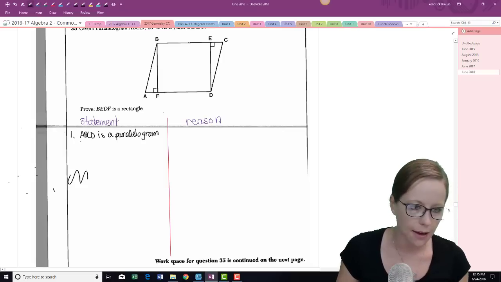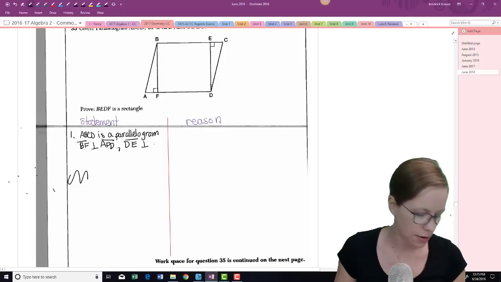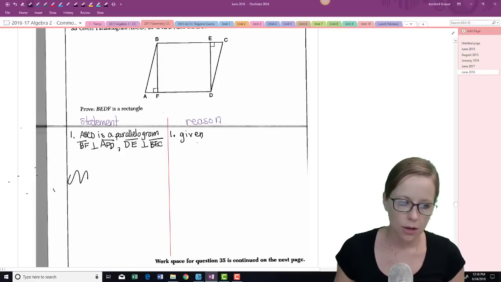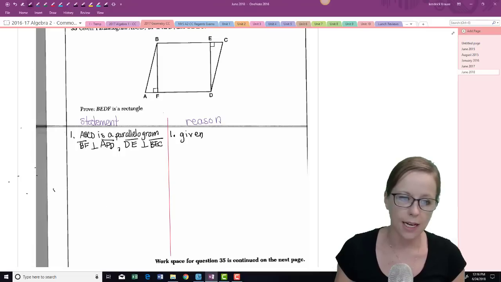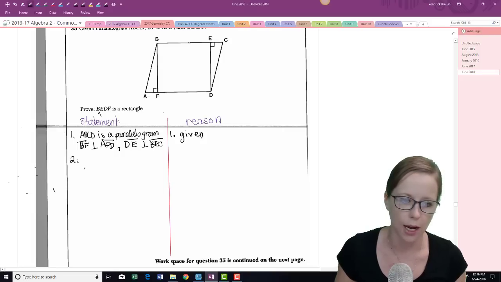They give us that BF is perpendicular to AFD. It's an F, in case you're wondering. And DE is perpendicular to BEC. Those are all of our givens. Now, depending on how your teacher does it, they might say, use one given at a time, and that's okay. Everybody does this different. It's fine as long as you get to the same conclusion, right?